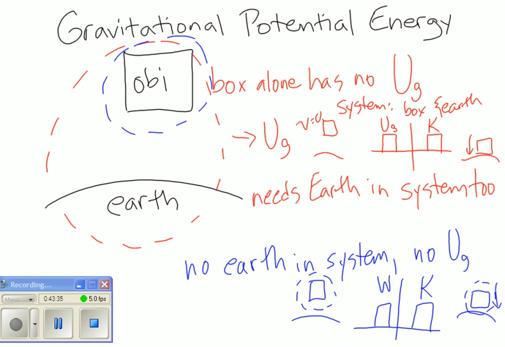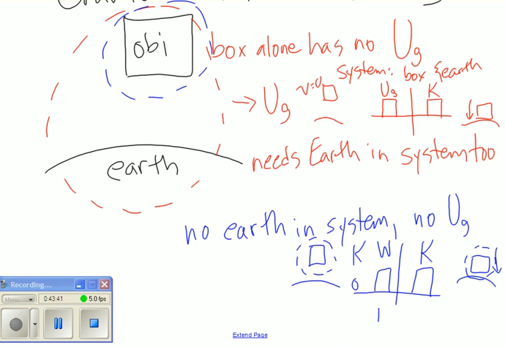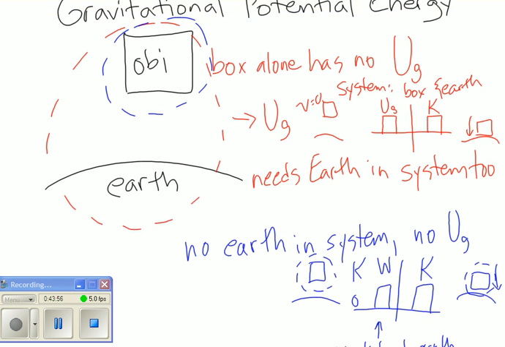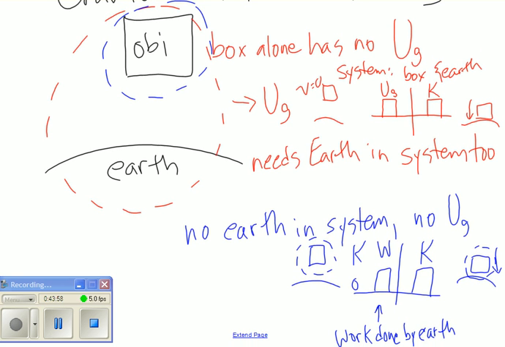What's that? The Earth. So whenever you tell me, or you're preparing to tell me that work is done, tell me by what? So red system, blue system, same reality, different way of keeping track of it.